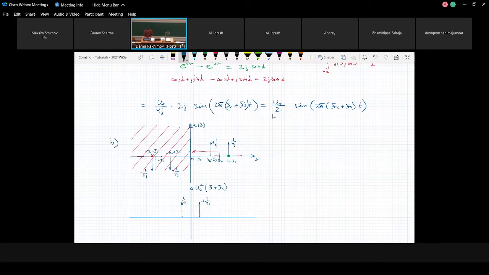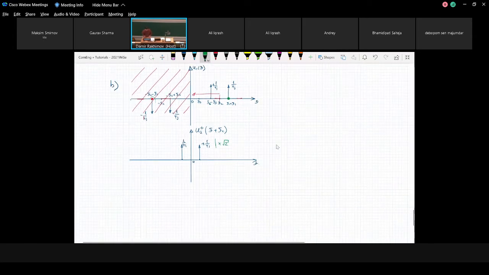Now we have to normalize our spectrum. And while we normalize, we multiply our amplitude, magnitude sorry, by square root of 2.